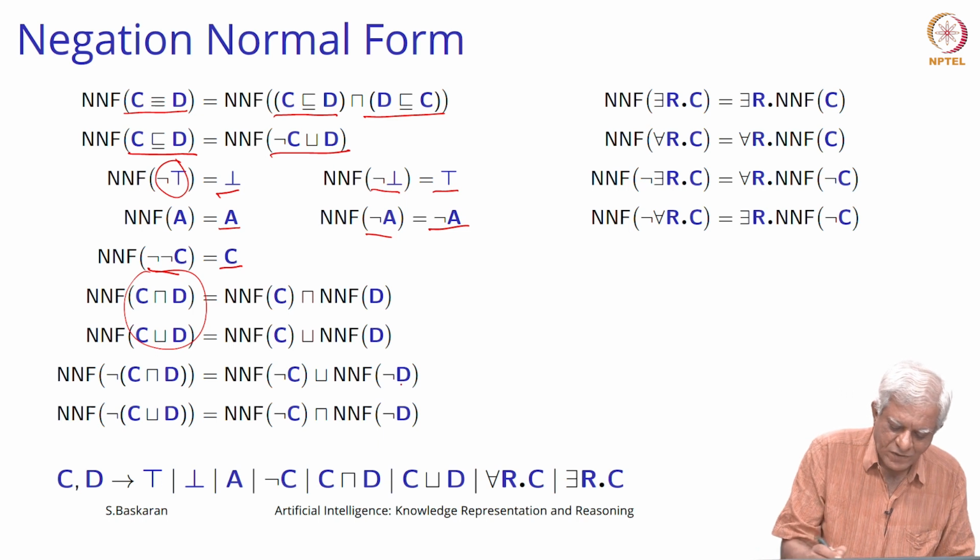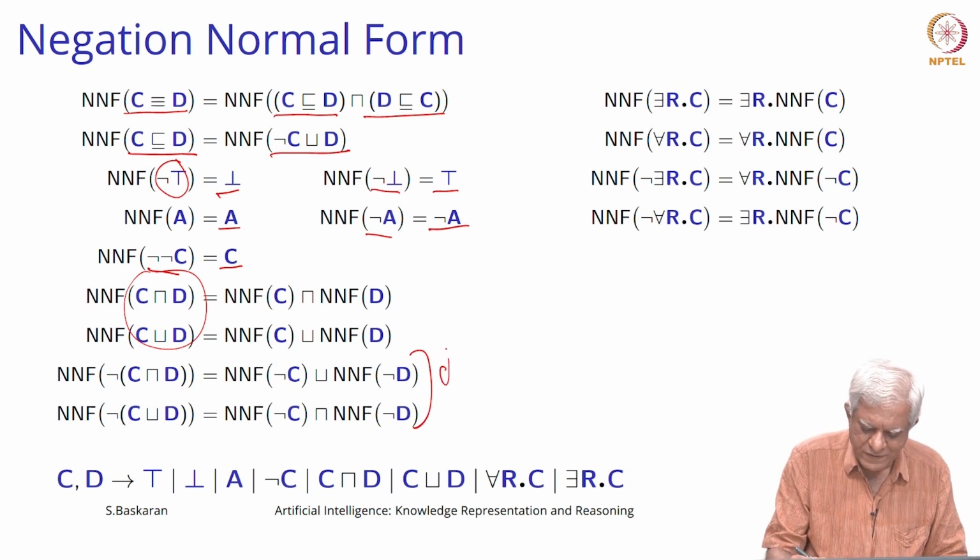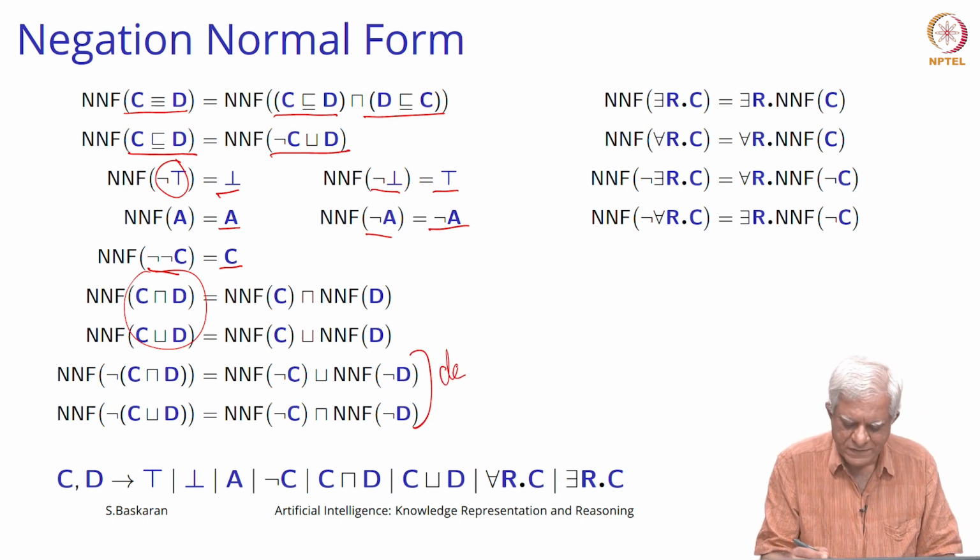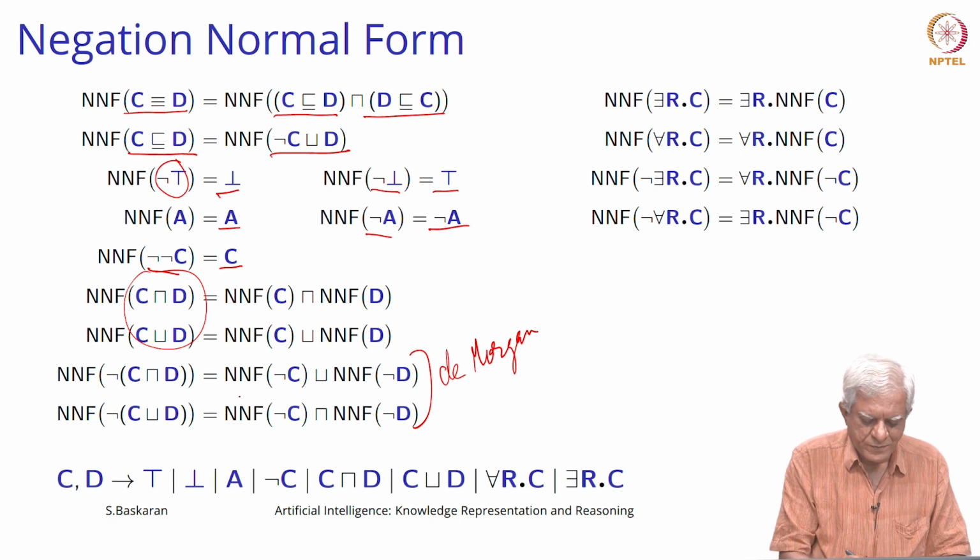Like in De Morgan's laws, we flip the nature of the operator essentially. So, once you push the not inside here, then this intersection changes to union.